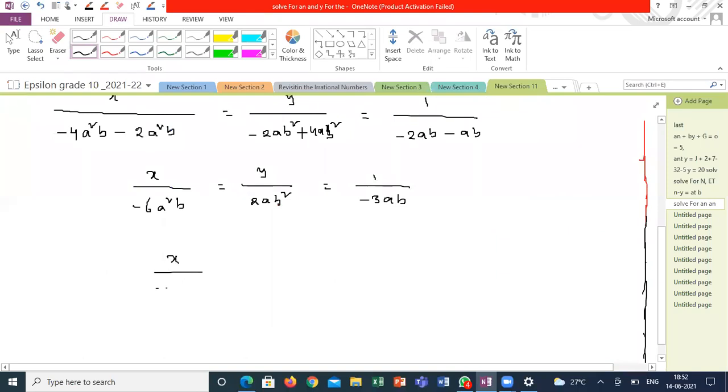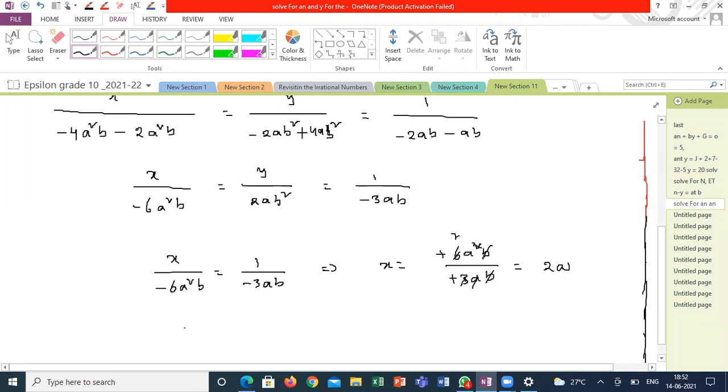X divided by minus 6a square b is equal to 1 divided by minus 3ab. From here x is equal to minus 6a square b divided by minus 3ab. 1b cancel, 1a cancel, 2 times, minus minus cancel. The answer is 2a.